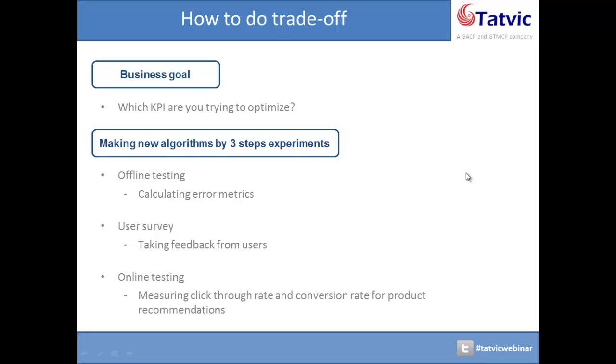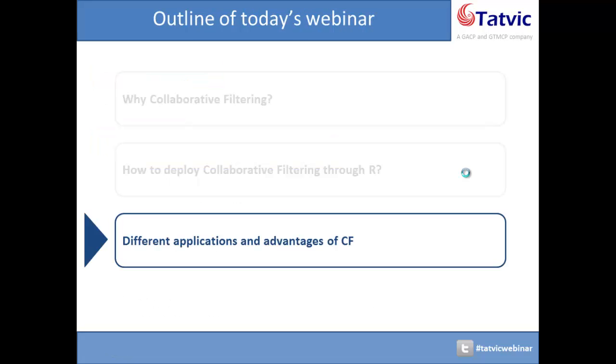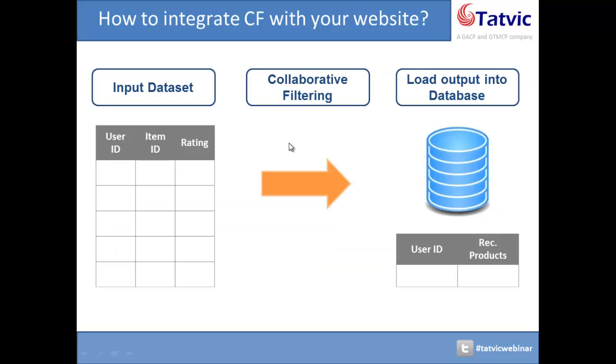Now a question that arises out of this is that since we have the results of the model with us, how do we implement collaborative filtering on the e-commerce website? What we did in this entire process is that we had input data in the form user ID, item ID, and rating.